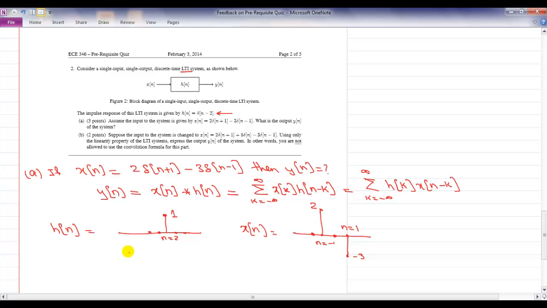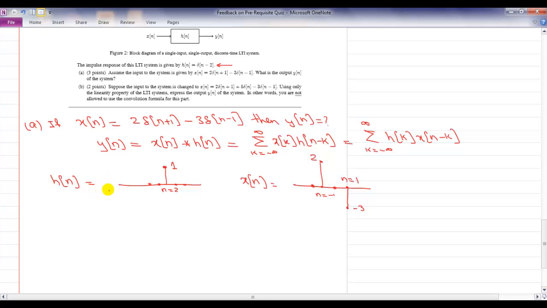So one way is to use the flip and slide rule and compute y of n. The other approach is that you directly plug in the values of h of n and x of n into the formula and compute from there.